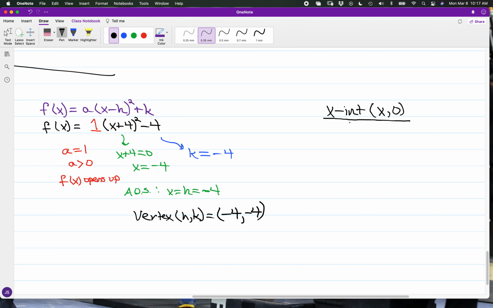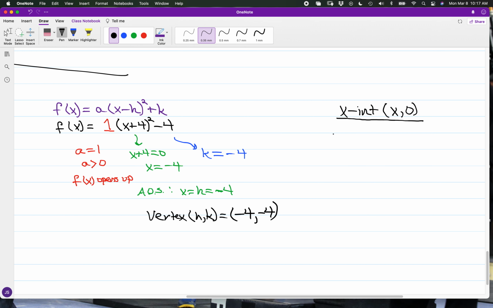And for the function, y is equal to f of x, which is equal to the square of x plus 4, minus 4. Just stressing that which represents y, in this case f of x, we're going to set equal to 0.